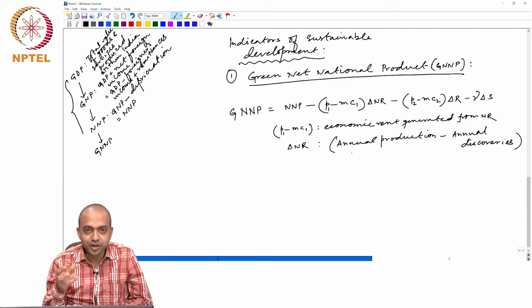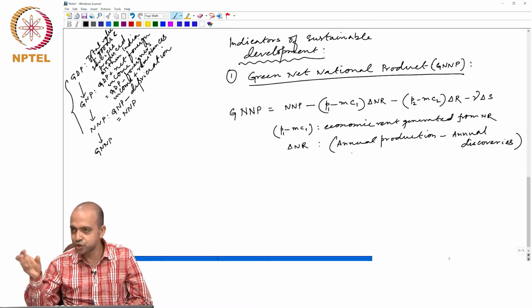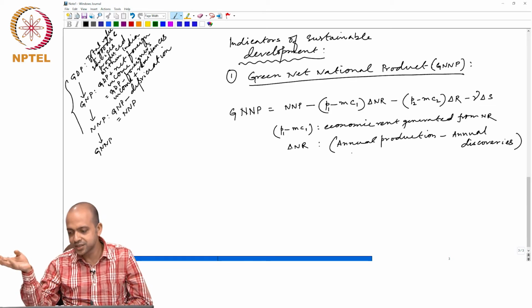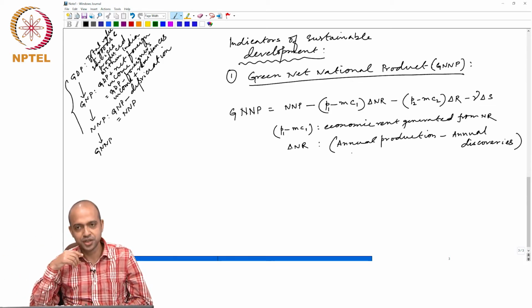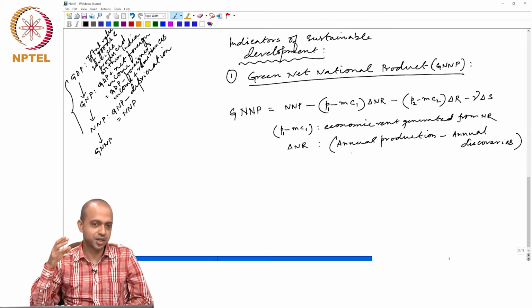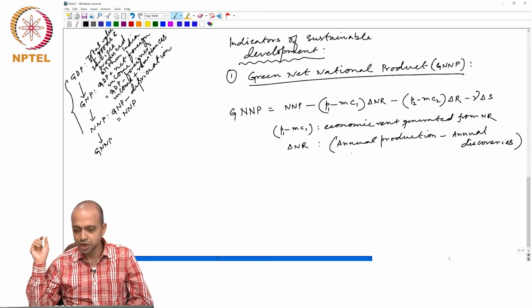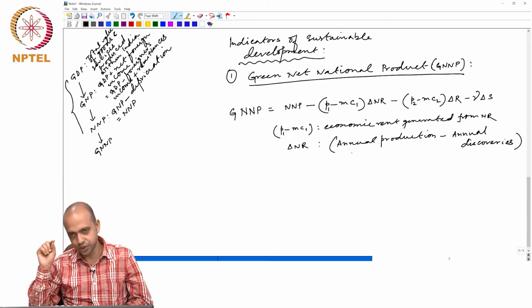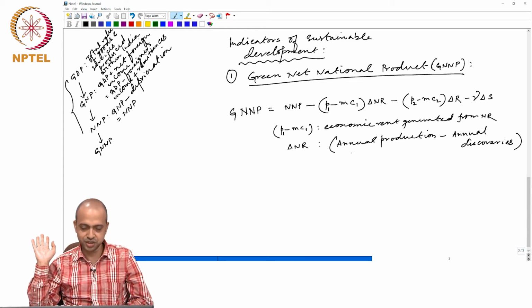That is why when you are trying to measure the change in the stock of non-renewable resource, it is defined as annual production, how much you have produced, minus the new discoveries. If in that particular year you have discovered, let us say, 40 kgs of new coal, then the change in NR is actually 100 minus 40 equals 60. That is the change in non-renewable resource.